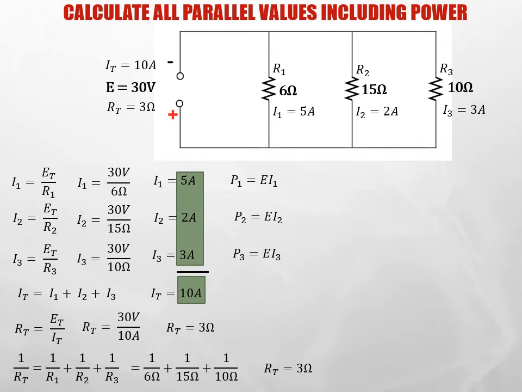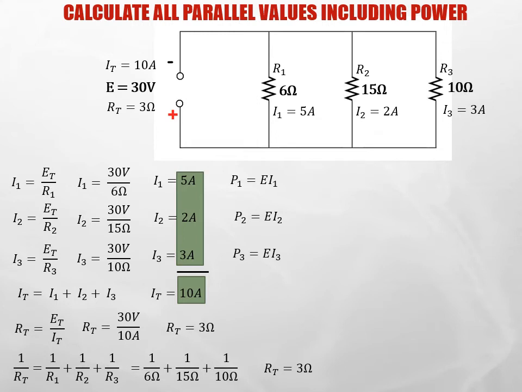All our power formulas still hold true, as long as we only use values from our individual specific areas. Such as if I'm calculating the power for resistor 1, or power 1, I have to use the voltage at 1 times the current at 1.